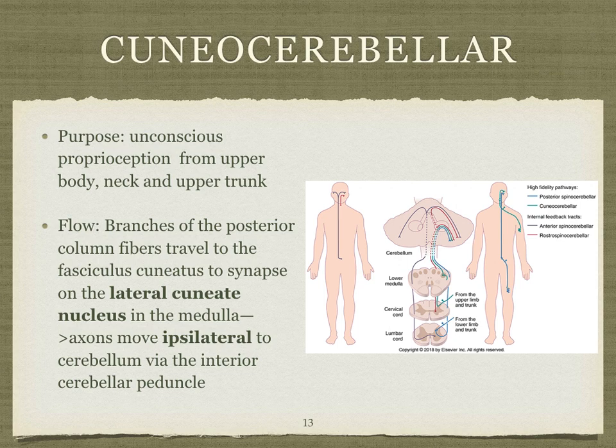Now, our cuneocerebellar tract, again, is unconscious proprioception too, but it does not get any specific specialized nuclei like the posterior spinocerebellar. It's essentially getting information from our arms, upper trunk, and neck, and this flow is very similar. This is going to be the green one that we're following.